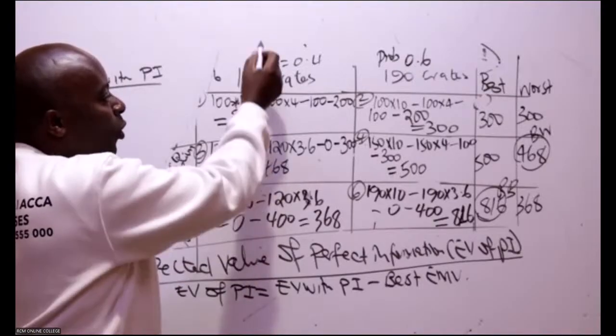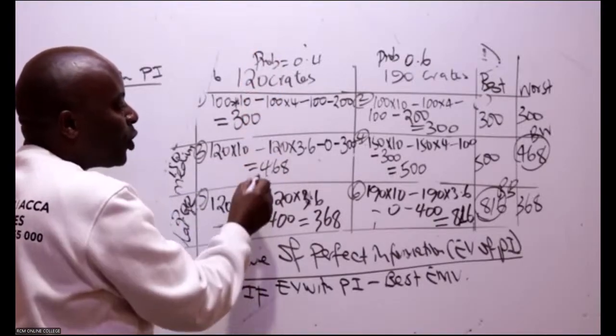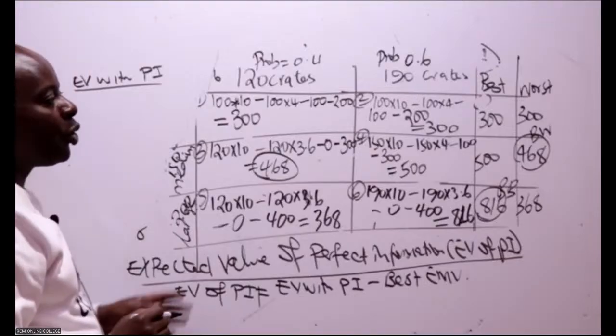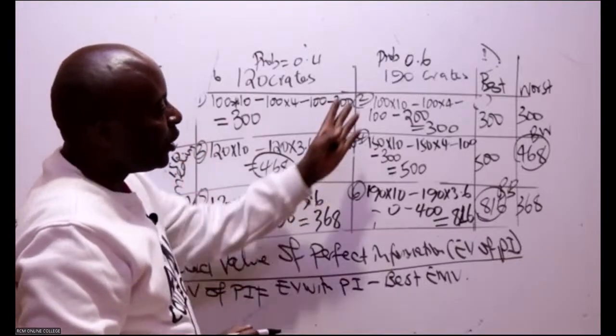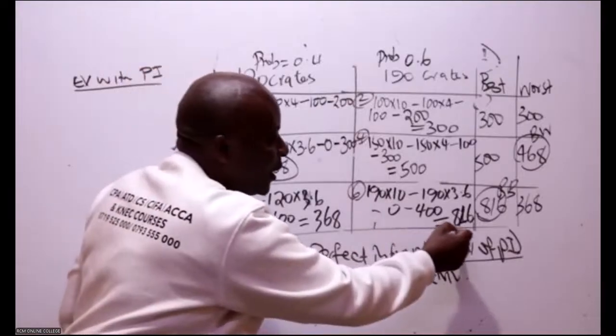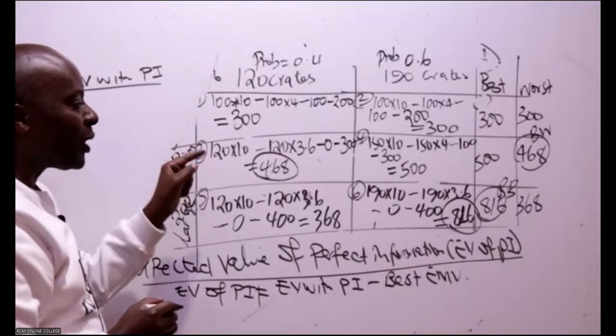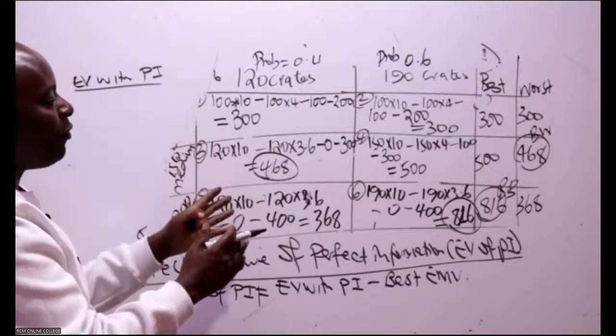For column number 1, the first state of nature, the very best is 468. We only have 2 columns, remember. For the second column, the very best is 816.